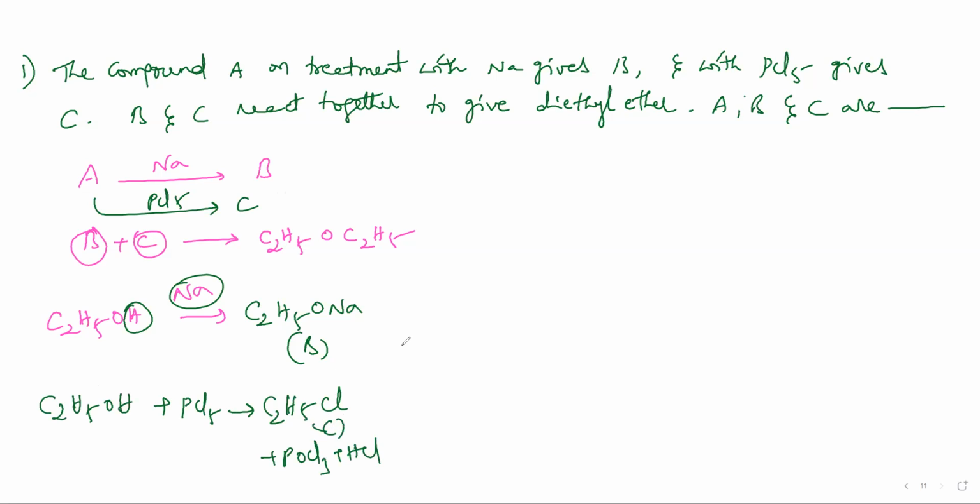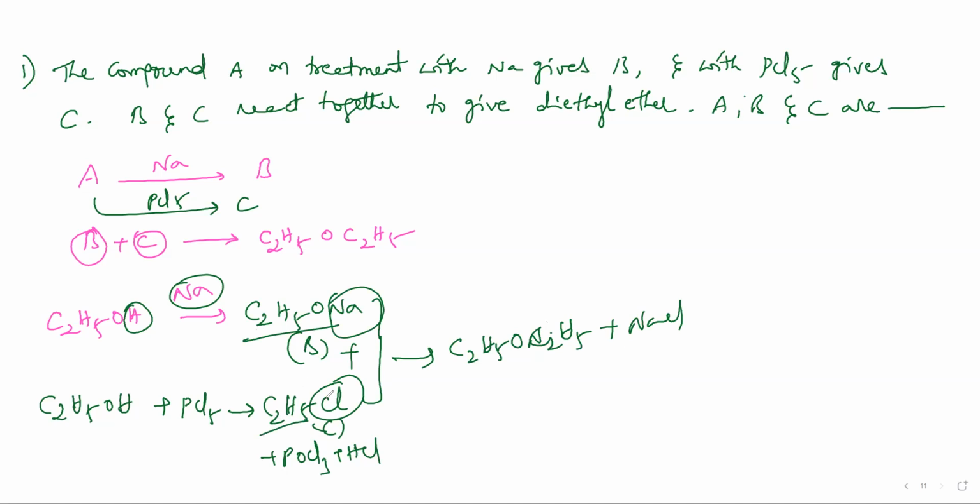This is C. Now B and C reacting together give C2H5OC2H5 plus NaCl. So Williamson synthesis: Na plus Cl minus eliminate, remaining C2H5OC2H5, so you are getting diethyl ether. So this is question number 1.